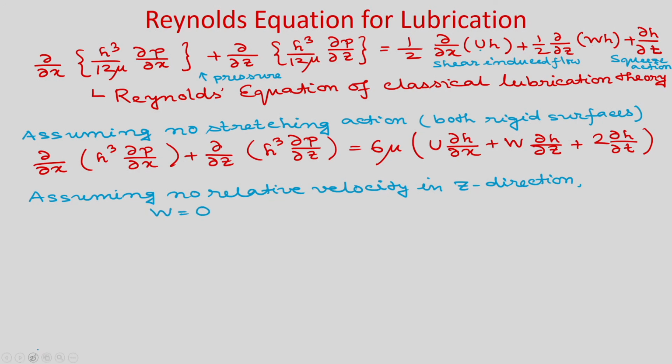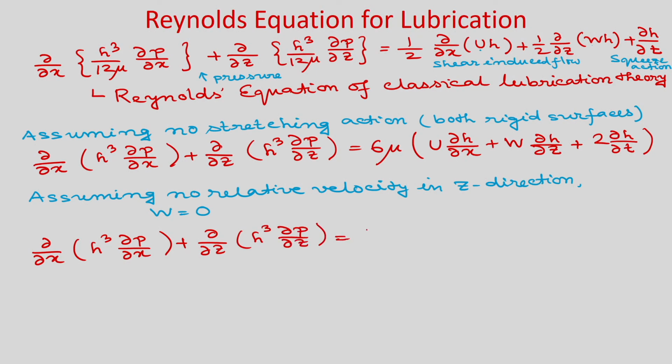So, we can simplify this equation as del of del x h cube del p by del x plus del of del z h cube del p by del z is equal to 6 mu u del h by del x, where u is the tangential velocity in the x direction, plus 12 mu del h by del t.